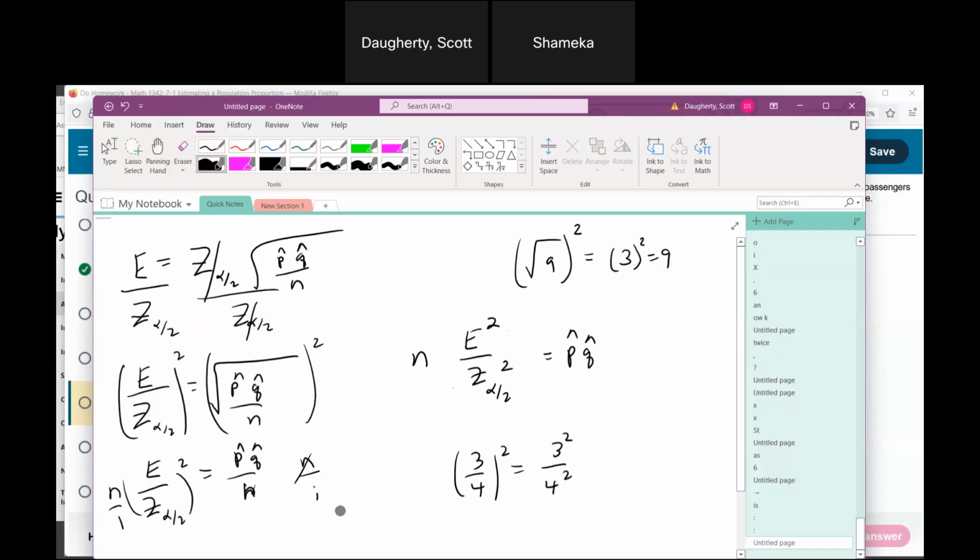So think of it that way. Instead of E over Z squared, you can think of it as E squared over Z squared. And the reason I want to do that is because I want this n by itself. And so I'm going to multiply by the reciprocal of this on both sides. So the reciprocal would be Z squared over E squared.